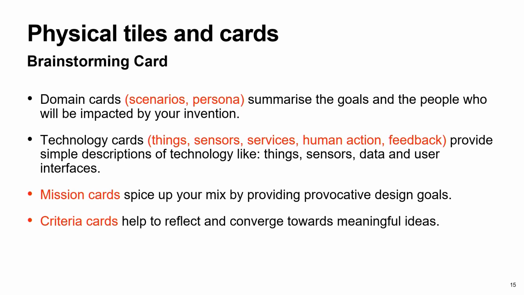I have basically 4 sets of cards. One is the domain cards, where you talk about a scenario or a persona. In smart home, the scenario you can start with the baby, or maybe an elderly person in the home, or maybe a homemaker, or maybe both husband and wife are working.